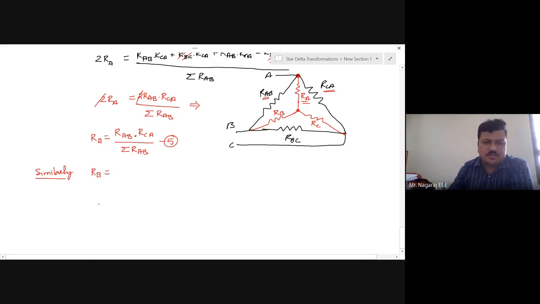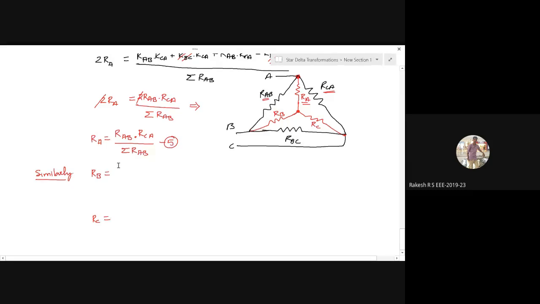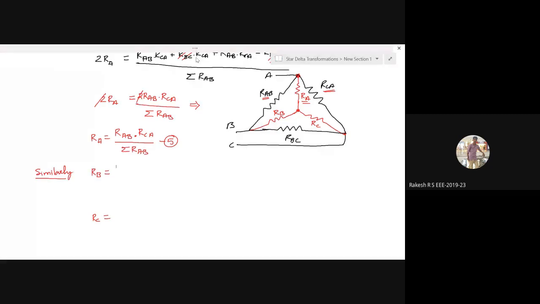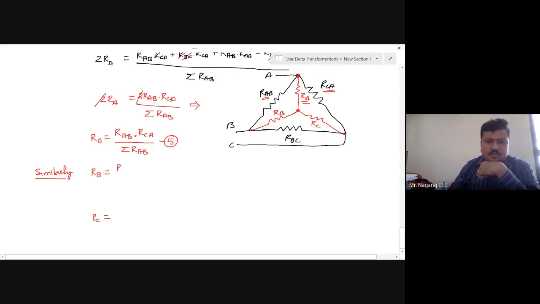So what is RB equals to? RAB into RBC divided by summation of RAB.